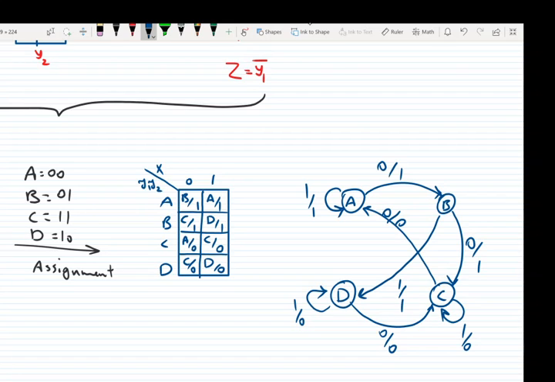Okay, and the next step is drawing the timing diagram for this example.